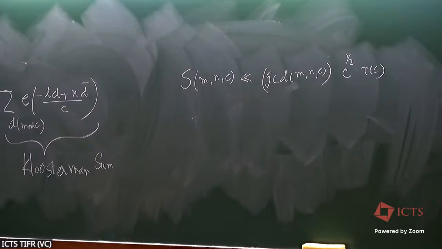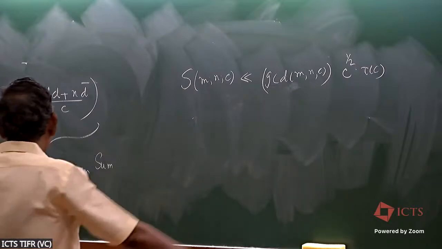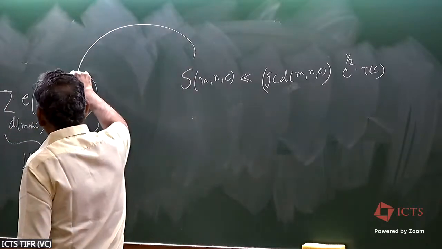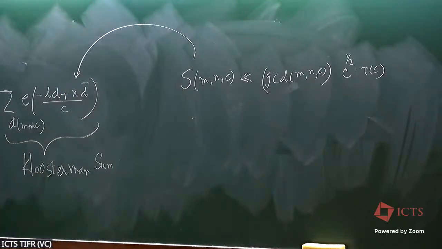Okay. Therefore, this is the GCD of m and c times c to the power half times tau(c), and that estimate you can put here. The GCD will normally be very small and won't play a role at all.